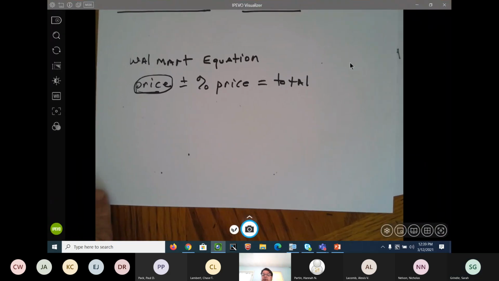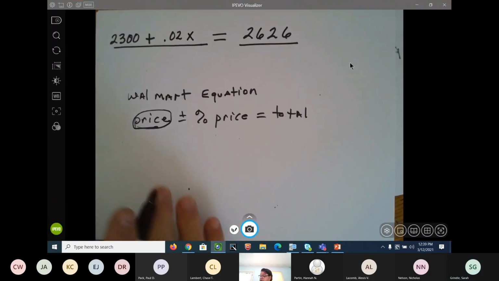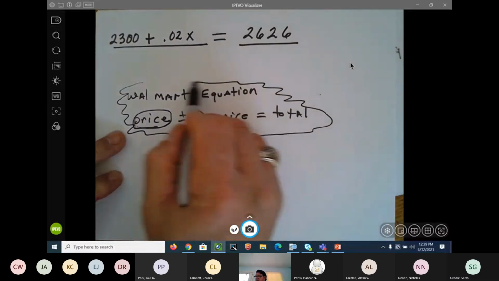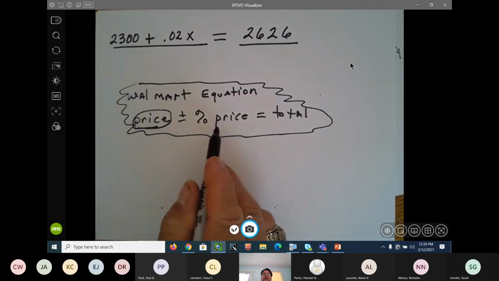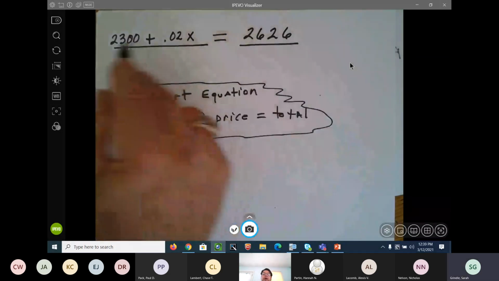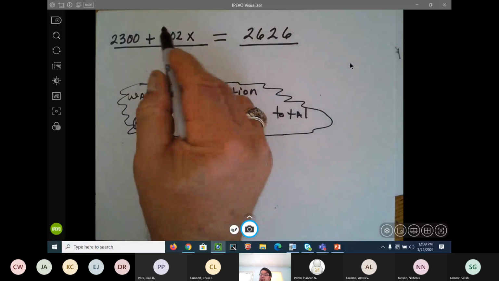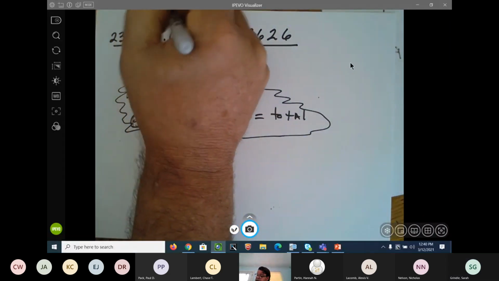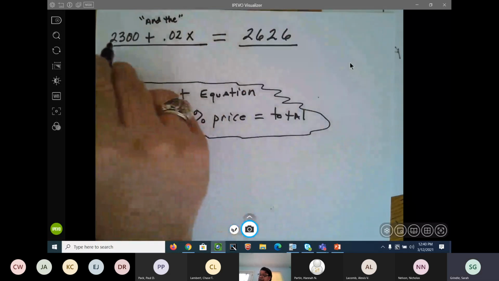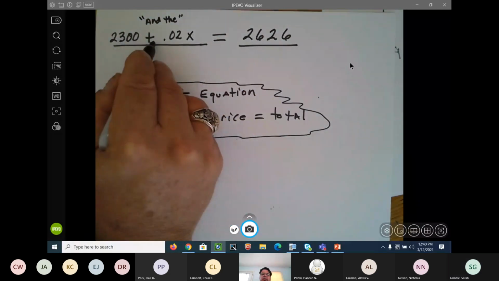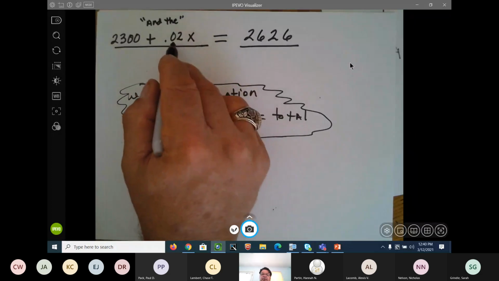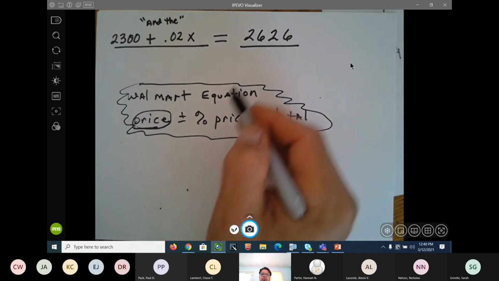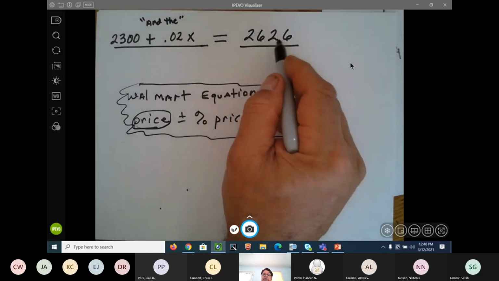So the Walmart equation that we used way back in chapter 10.1 still applies to some of the problems we're doing, except this one's a plus because it says "and." She bought a copier for $2,300 and the protection plan of $0.02 per copy. And the total is $2,626.